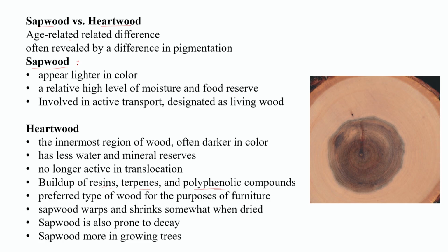Sapwood is lighter in color, because it is more active, more involved in conduction of food material and conduction of water. It has a higher level of moisture, because since it is conducting water, it has more water. It is involved in active transport, and it is also designated as living wood.